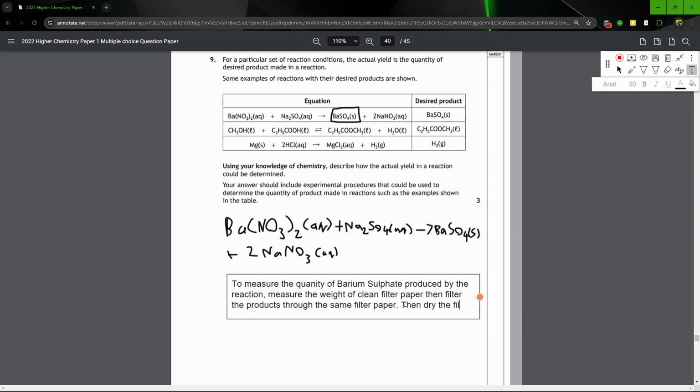So we need to wash out the filter paper to remove any soluble impurities, then dry it out in an oven.